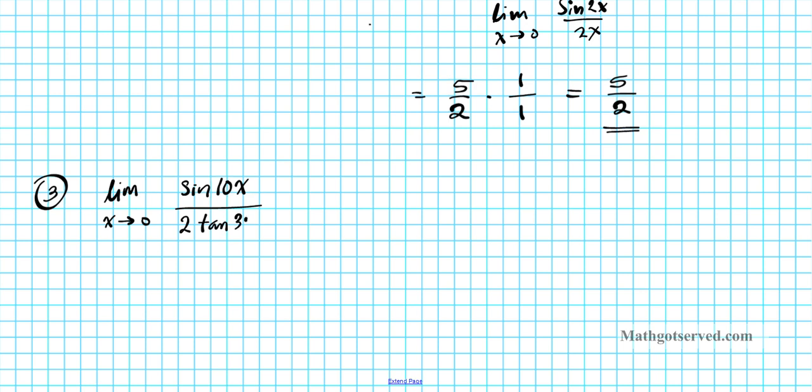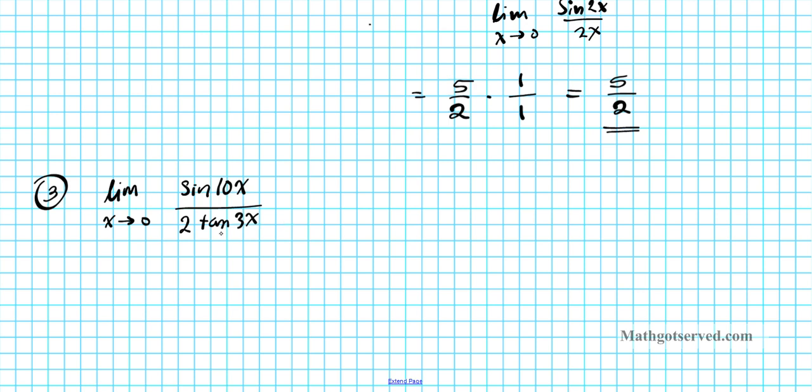Now you can clearly see that in this problem, we cannot use the sandwich theorem directly. It's a little bit complicated, so we might have to make use of our trig identities.